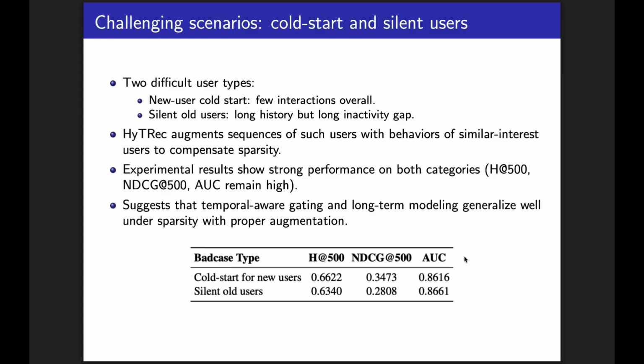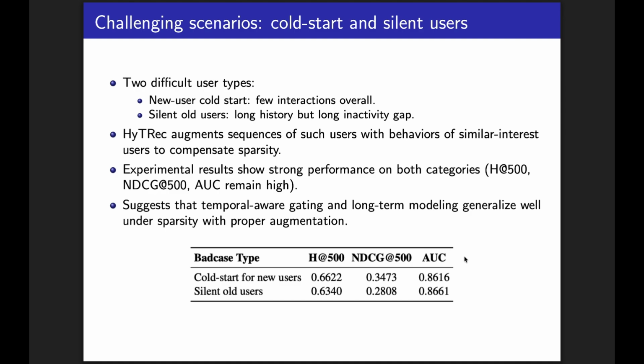What they did in HyTRec is they applied a very simple augmentation approach, which is let's look at users with similar interests and let's fill the gaps with what they basically purchased or they chose as items, whatever use case it was in particular.